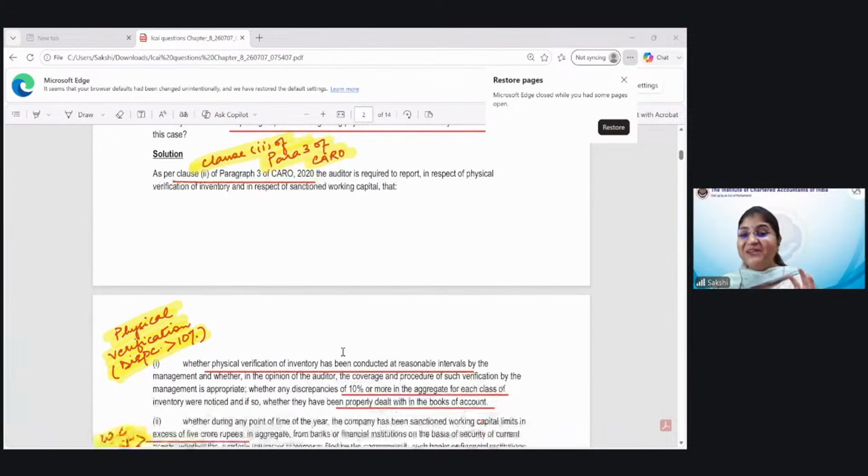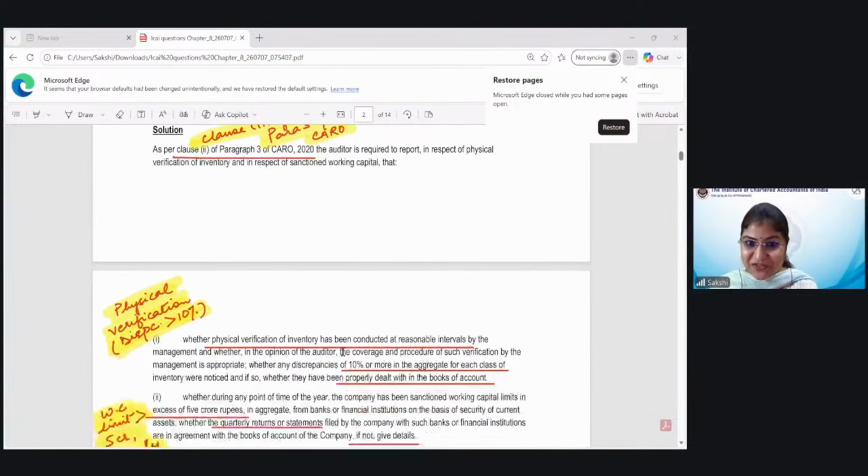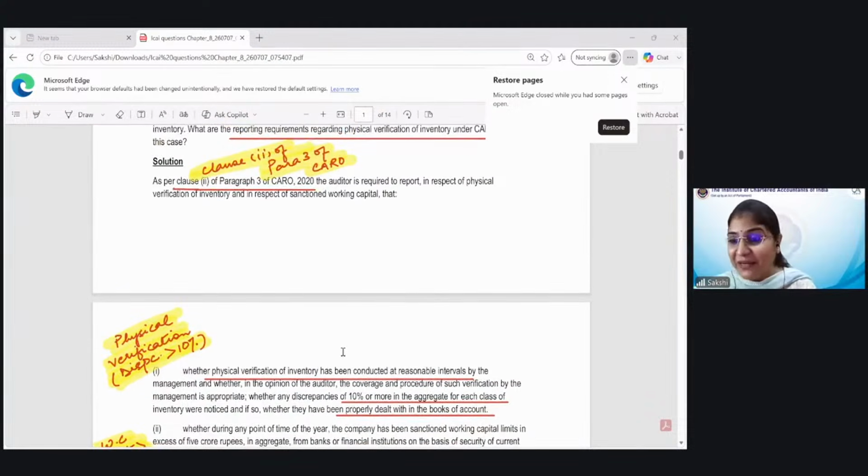Okay. The auditor is required to report in respect of physical verification of inventory and in respect of sanctioned working capital. Does anyone of you remember what was regarding the inventory? We had physical verification of inventory at regular intervals of time. Then if the discrepancy is more than 10%, it had to be properly dealt with in the books of accounts.